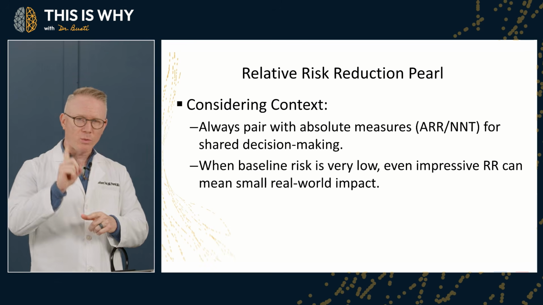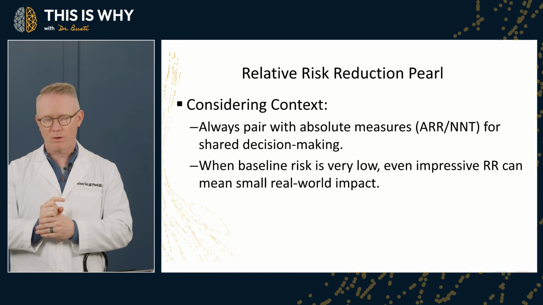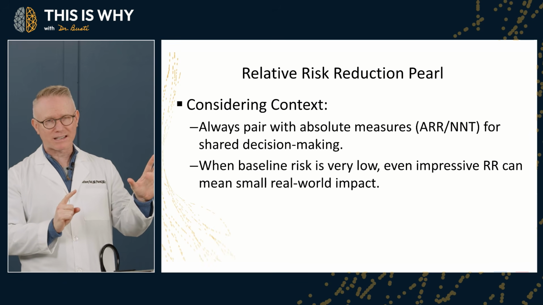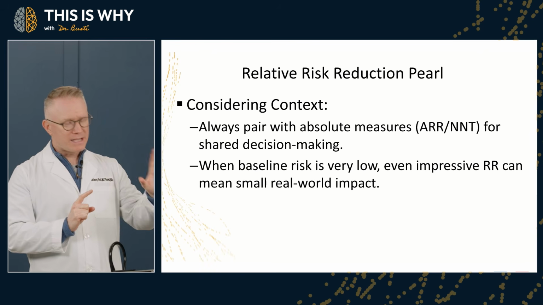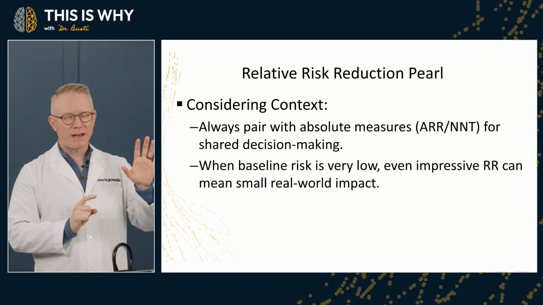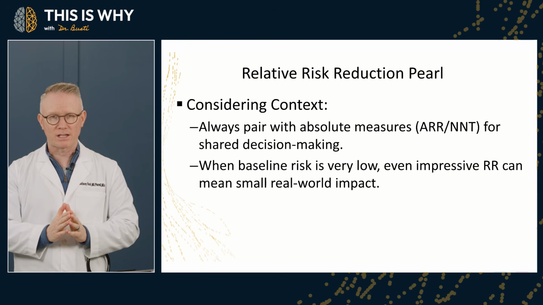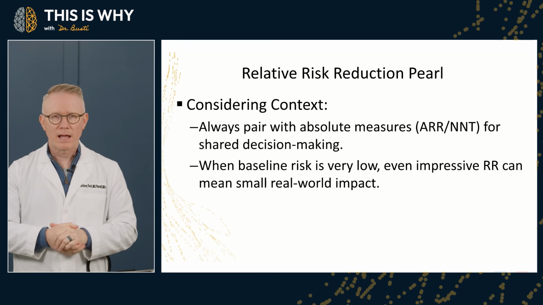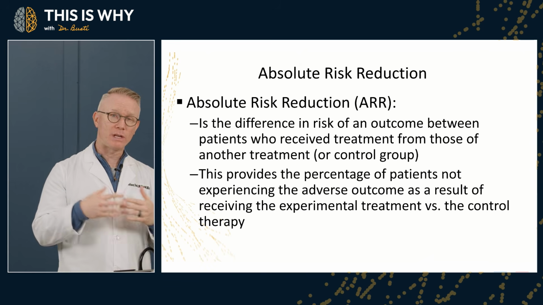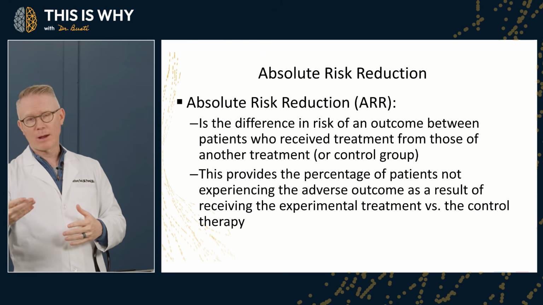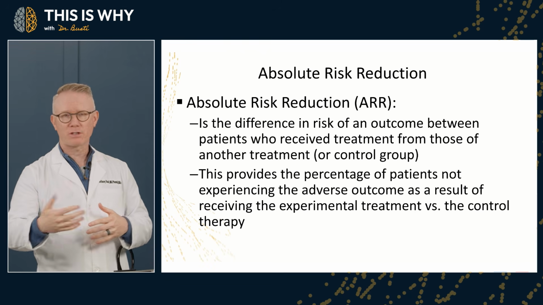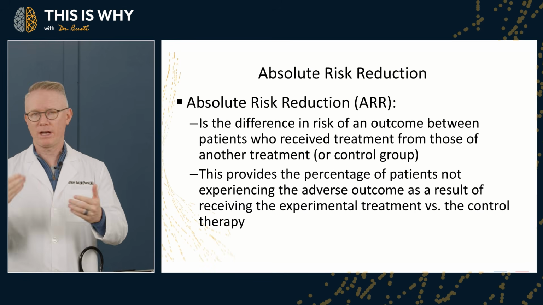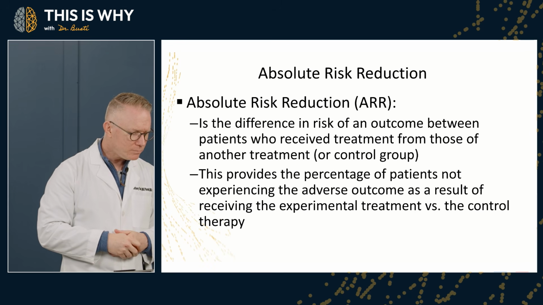But keep in mind that when the baseline risk is very low, and I alluded to this earlier but I'm repeating it so it sticks, even an impressive sounding relative risk can actually be very small in the real world. And that's why I many times present absolute risk reduction in my lectures, but you also need it in order to calculate the number needed to treat, which we'll see here in a minute. Okay?